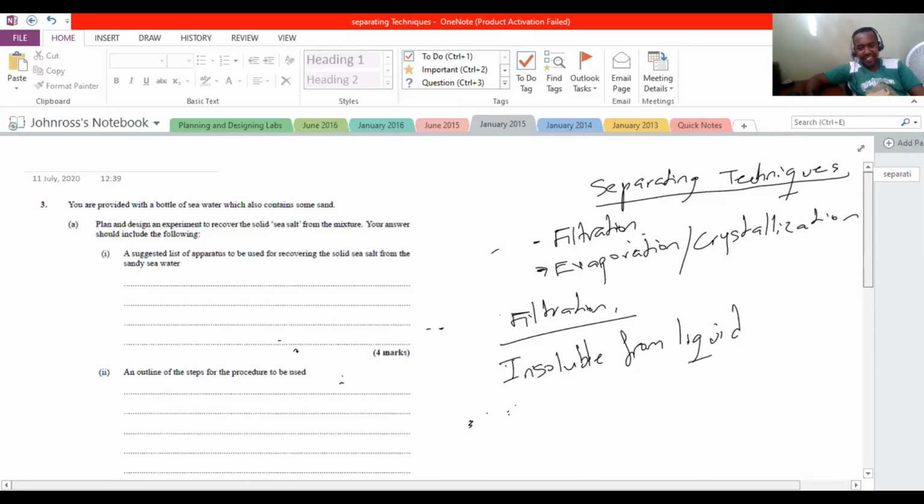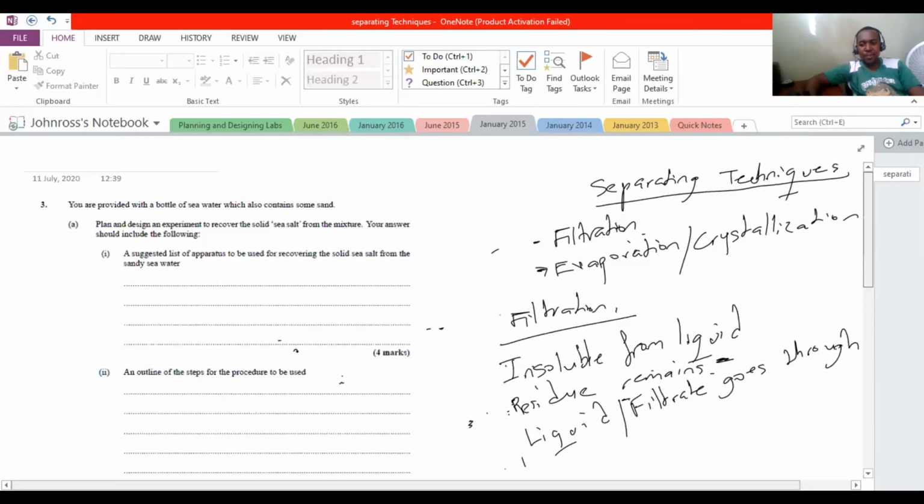Filtrate goes through, residue remains. So the residue remains, right? And then the liquid goes through. So the liquid, which is your filtrate, goes through. All right, so based on this problem, which one will stay, which one will go? So the residue.